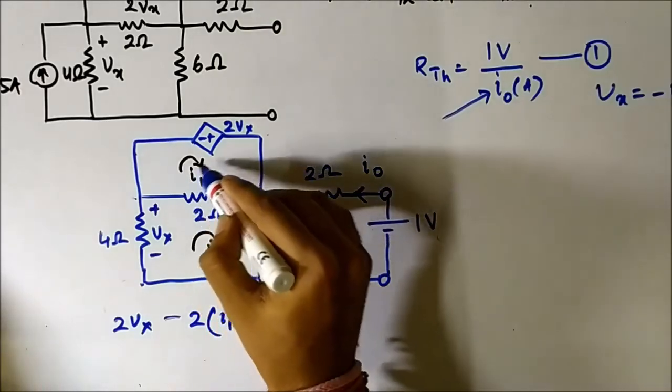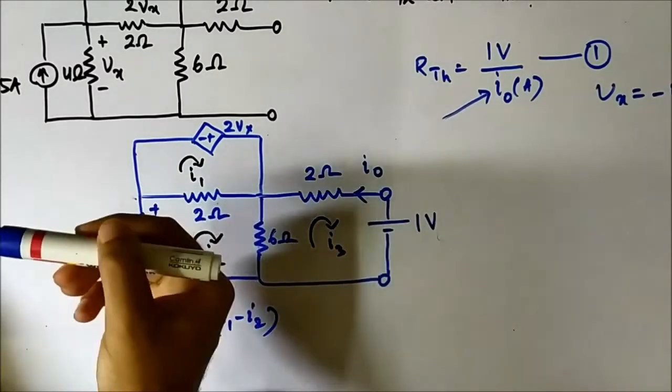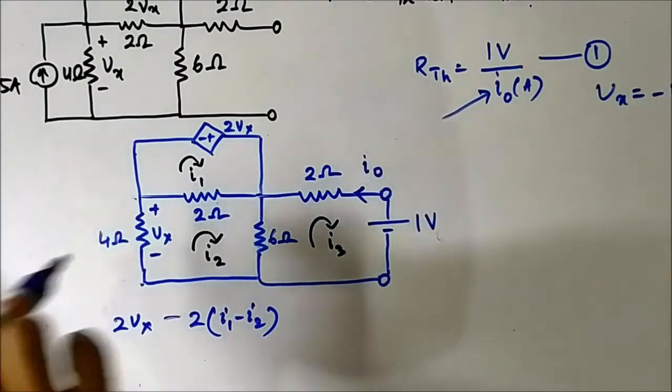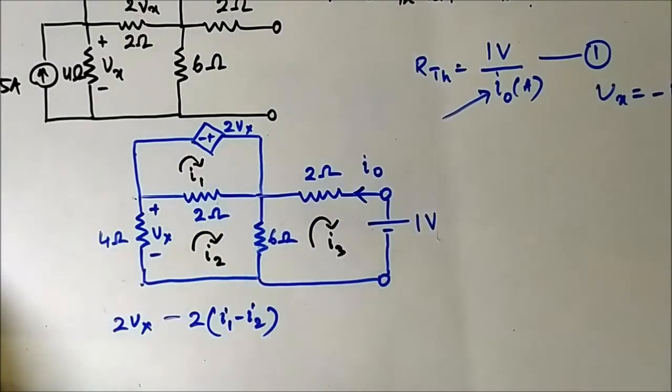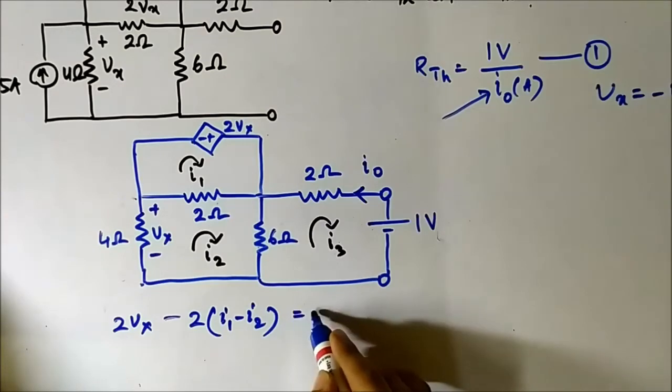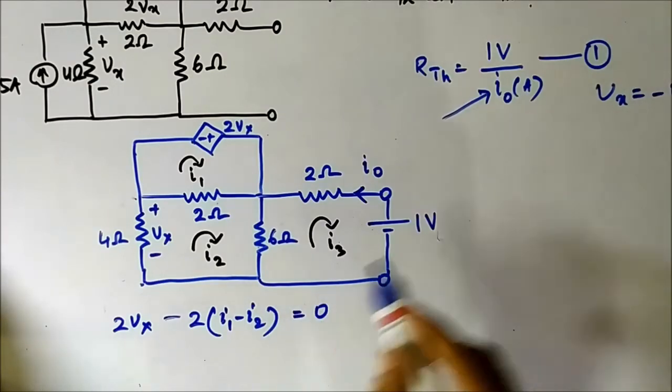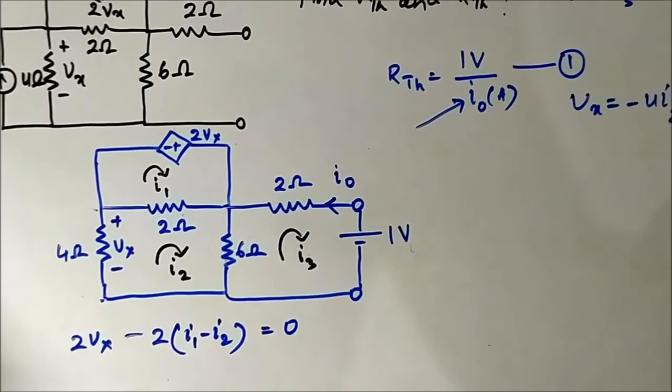Why? Because I1 is flowing from right to left, I2 is flowing from left to right. I1 is the reference, that's why I1 minus I2, that is equal to 0. But Vx is equal to minus 4I2.